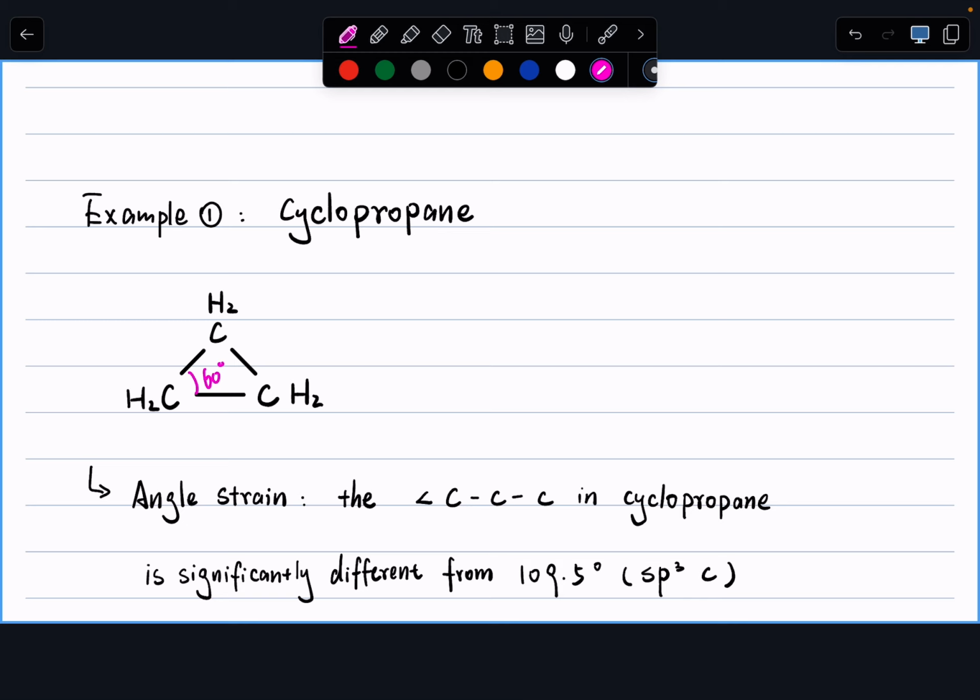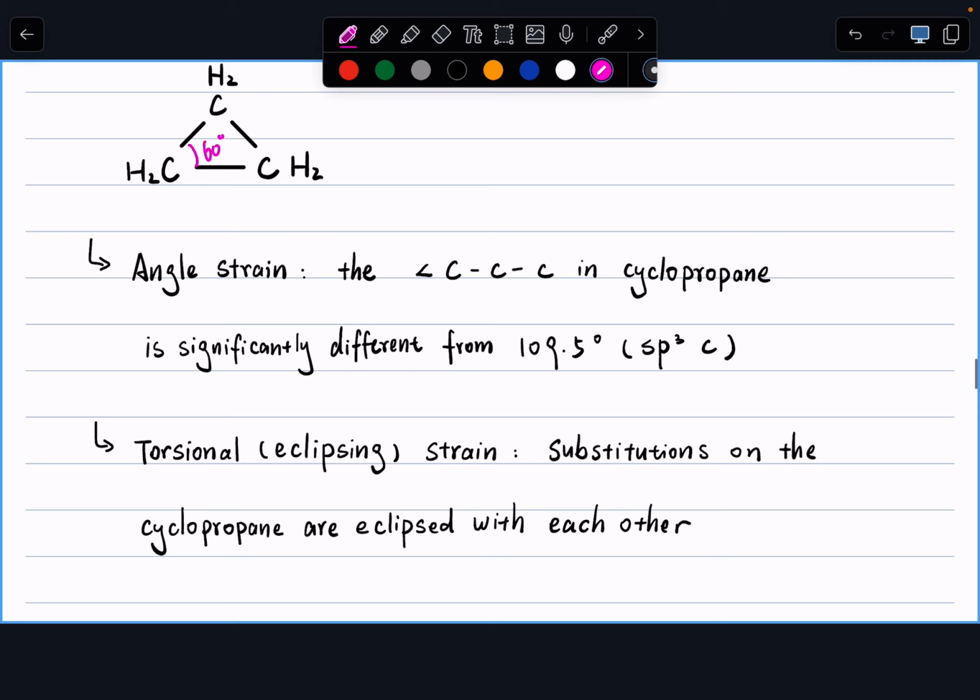But that's a problem because our normal sp3 carbon wants to have a bond angle of about 109.5 degrees. So that introduces several kinds of strain in cyclic molecules. In cyclopropane, there are 2 different kinds of strain. The first one is called angle strain.